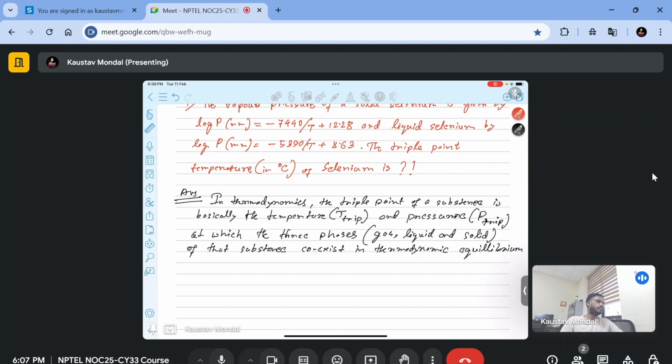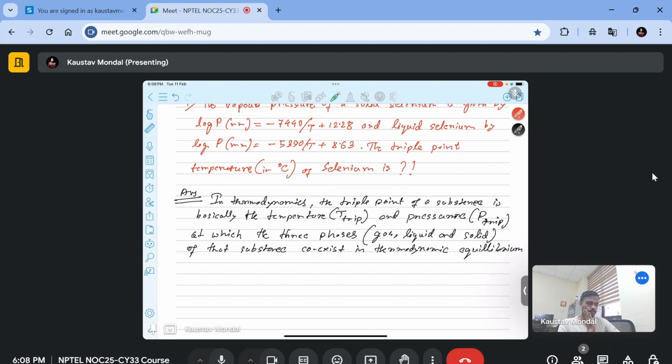This is the definition of a triple point. So what does that mean? At a particular temperature and particular pressure, all three states of a substance, the gas state, the liquid state and the solid state, coexist at the same time.